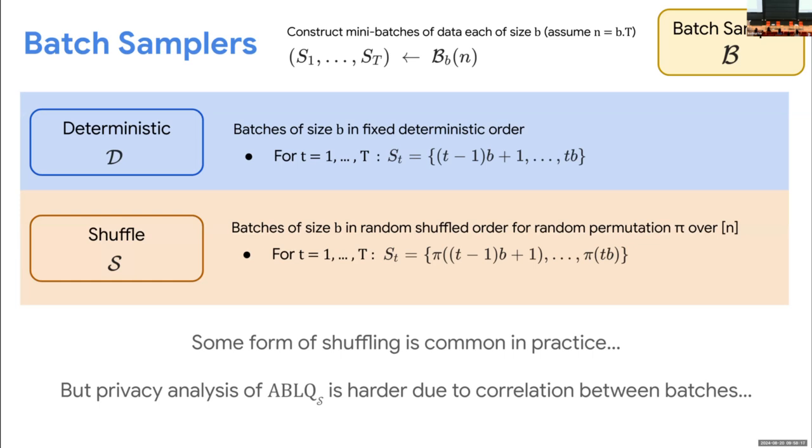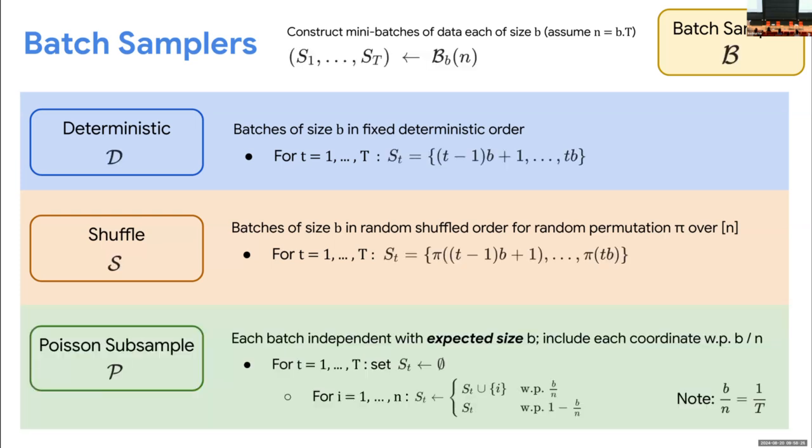because there is a correlation between the batches, right? If an example is in one batch, it's not in another batch. So for this reason, it has been common to instead consider this Poisson subsampling batch sampler.